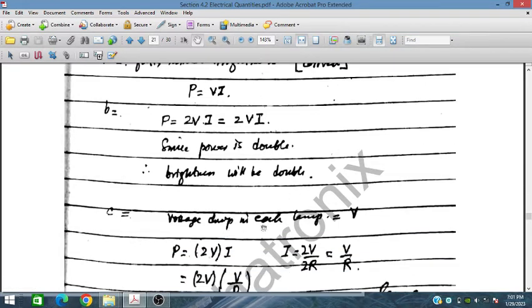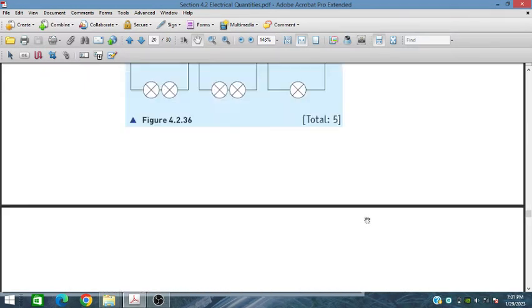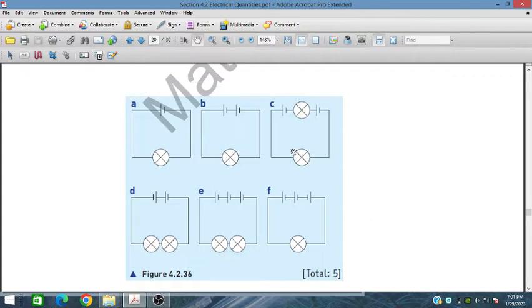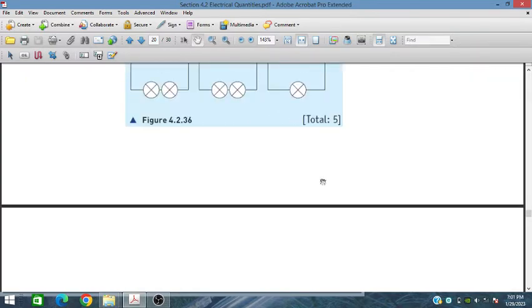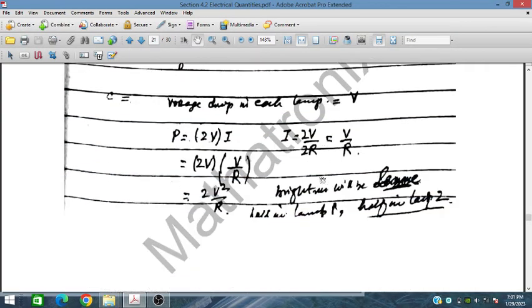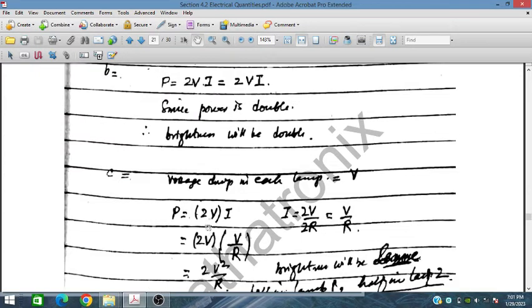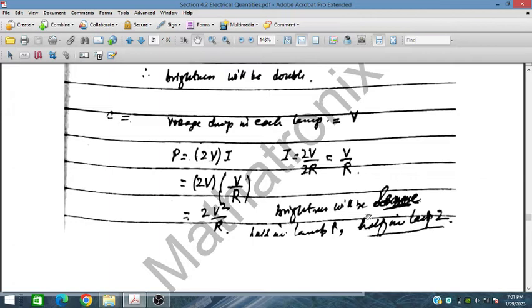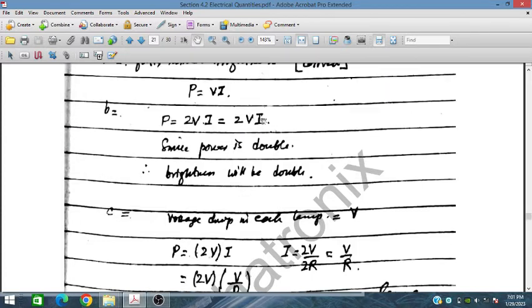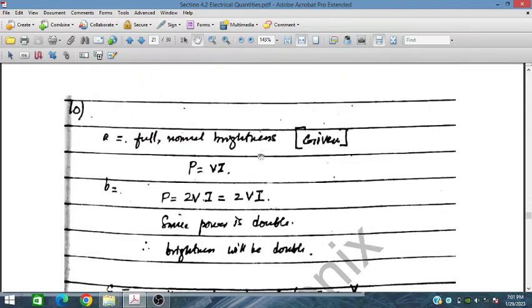In C, the voltage drop in each lamp is equal to V. So 2VI, V upon R, so this is 2V square upon R. Brightness will be same because there are 2 lamps. So this V square upon R will be same for this one.